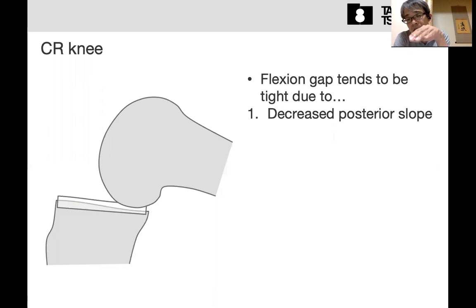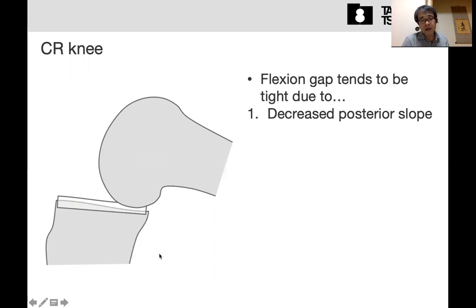Because the posterior slope is fixed at around 3 to 5 degrees, it tends to be less steep after the operation.